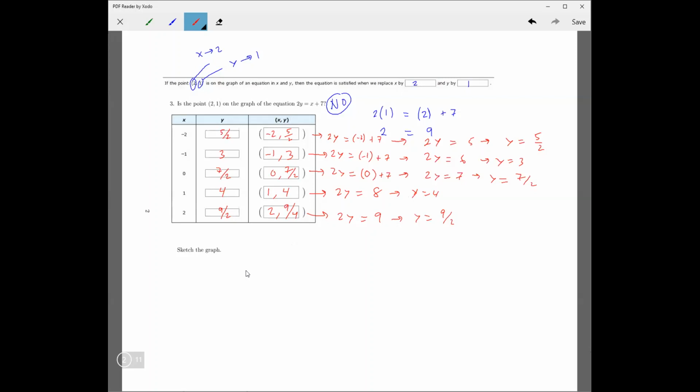Okay, now the next part says to sketch the graph. And the important thing to do here is, they've got tools that allow you to sketch graphs.